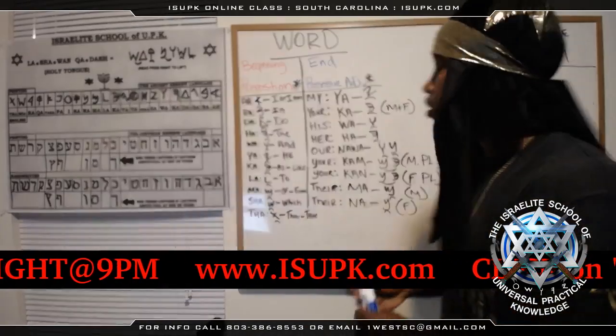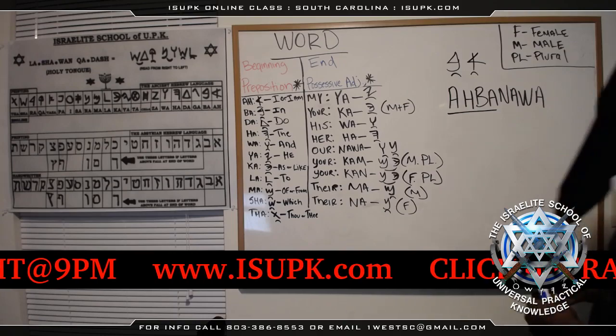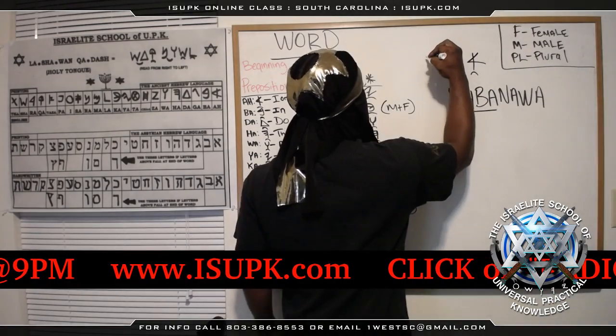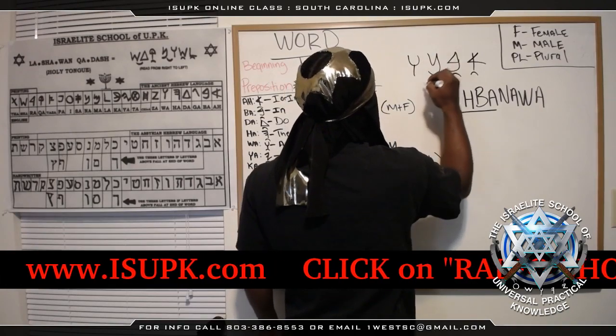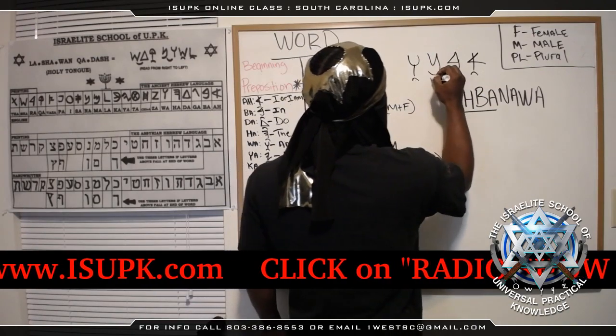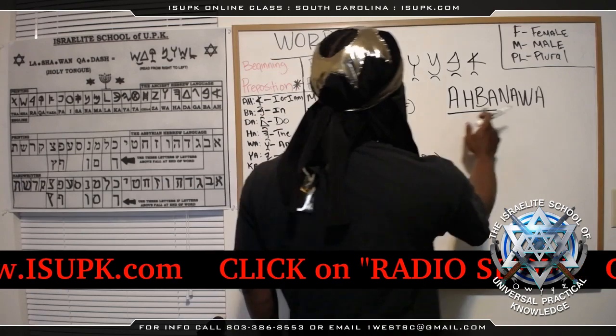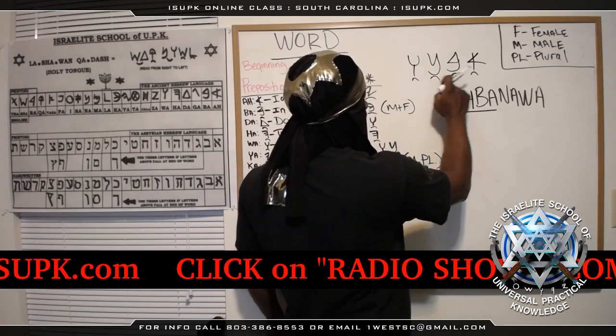So it's Abba. What's next? We have the na, we have the wa. All of those are pronounced independently. Abba na wa.